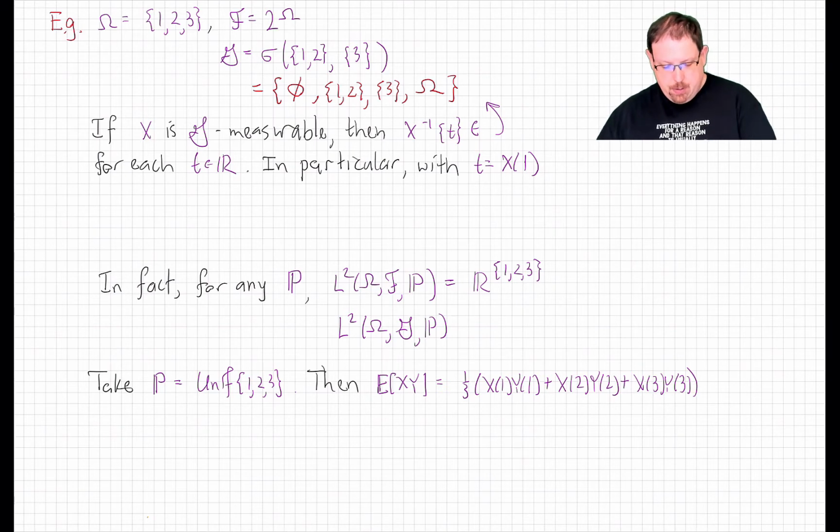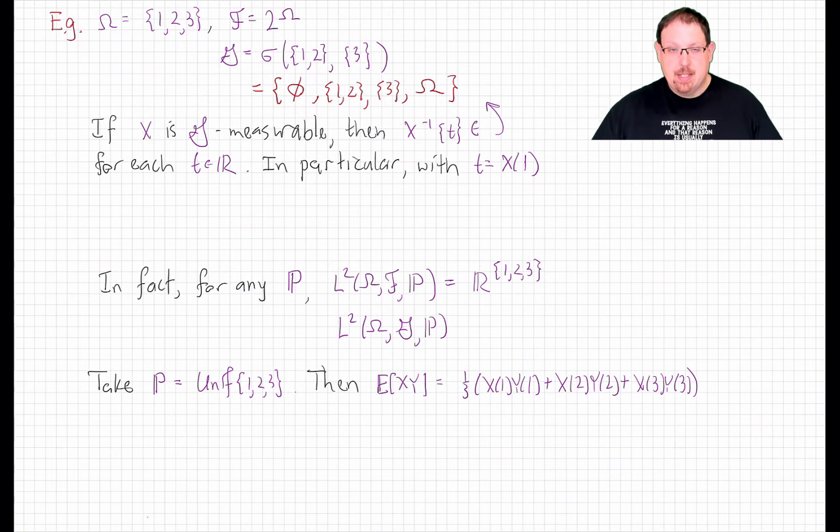But what about with respect to this sigma field? What does L2 of that look like? In other words, we need to figure out what it means for a function from 1, 2, 3 into the reals to be measurable with respect to that smaller sigma field. Well, if x is G-measurable, then that means in particular, for any real number t, the set where x equals t has to be in this set.